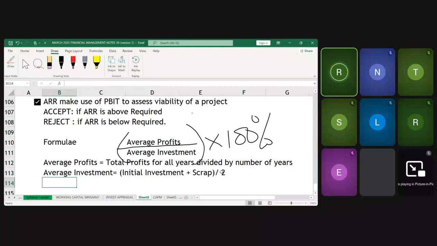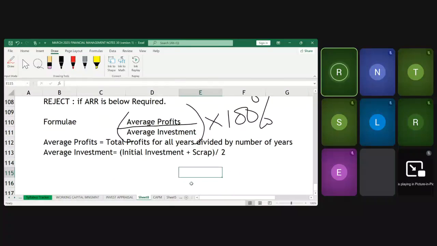Scrap is the trade-in value at the end of the project. After you are done with your project and your asset still has a value, you can sell the asset and get something. So that is ARR.